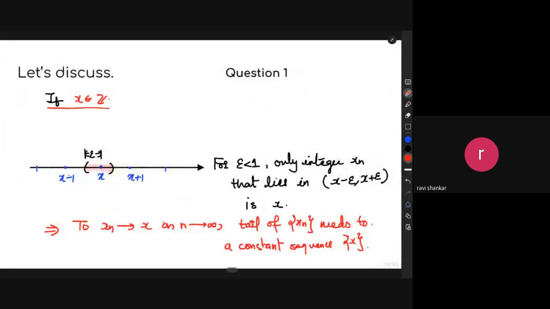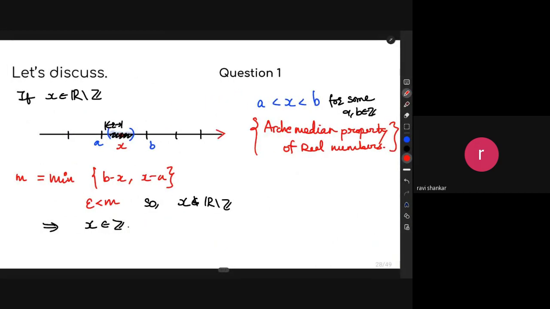So this is the figure. In the previous case, I have proved that the limit point of an integer sequence can't be a real number other than an integer. This is the proof for that.